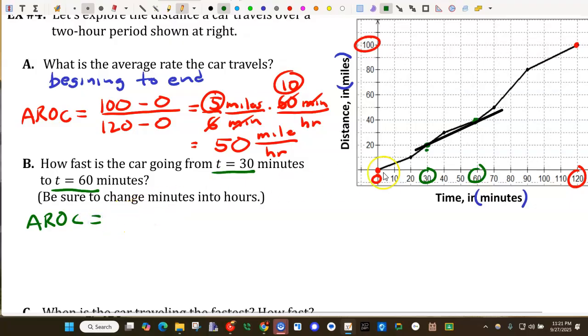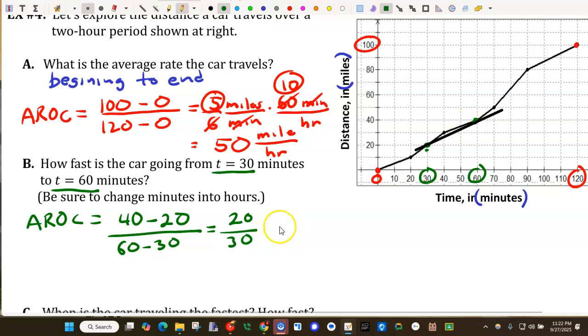So we're going to do 40 minus 20, that's the distance in miles, over 60 minus 30 minutes. And sure enough, we get 20 over 30, just as if we did the rise over run, up 20 over 30. This will reduce, of course, to 2 over 3.